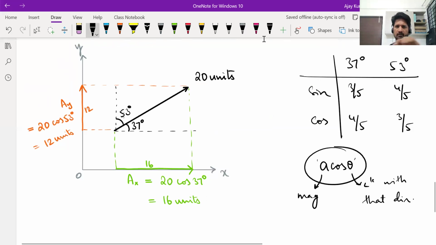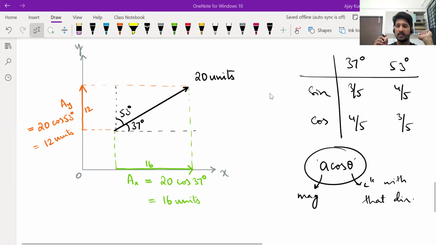Aishwarya, you tell me that x component of 16 units is in which direction? Sir, upwards. 16 units, where is it upwards? Sorry, sir, it's towards the x-axis. Towards the positive x direction.